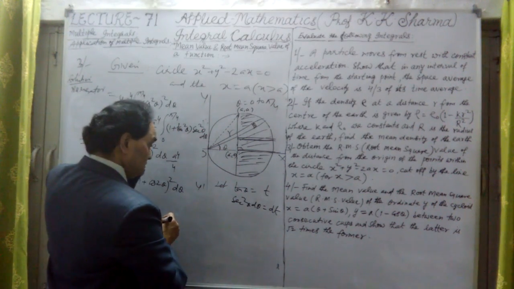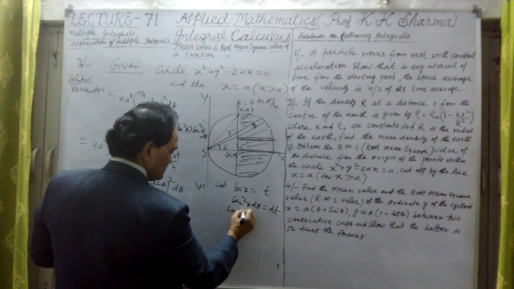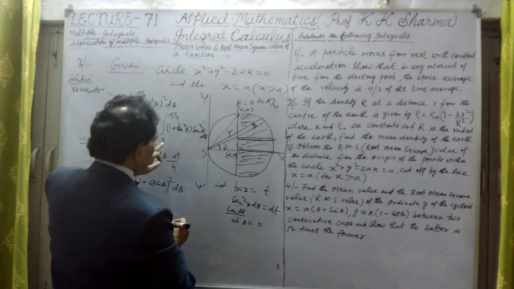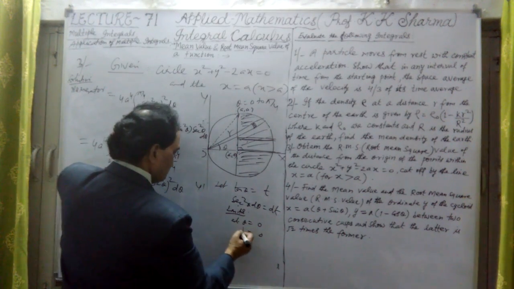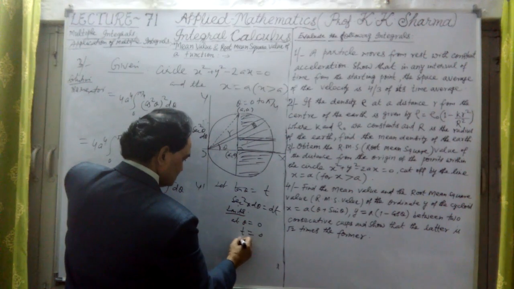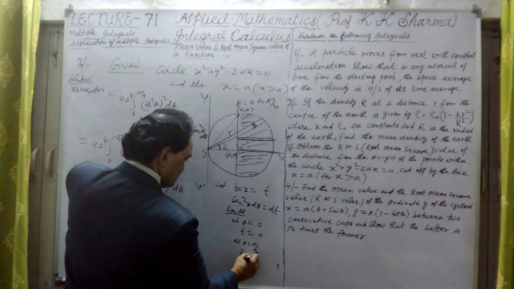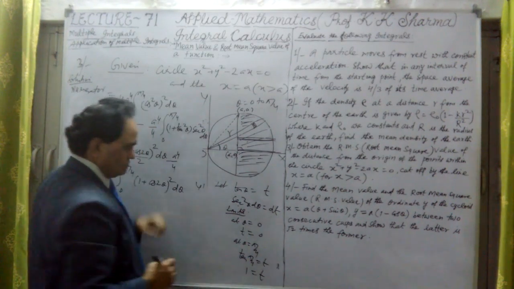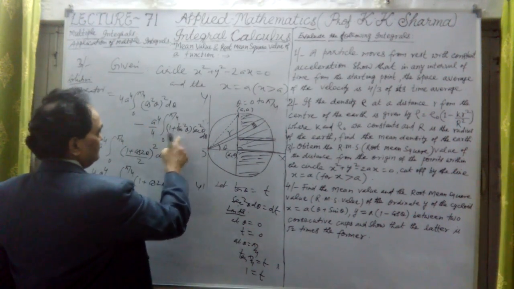Now the limits: at theta equal to 0, lower limit, t equal to 0; at theta equal to pi by 4, tan pi by 4 equal to t, or 1 equal to t. So limits are 0 to 1 in this case.